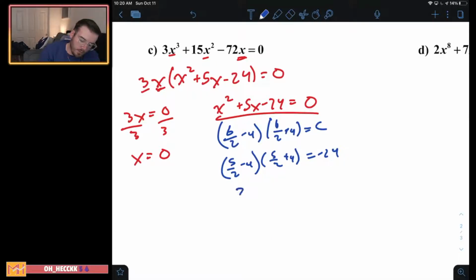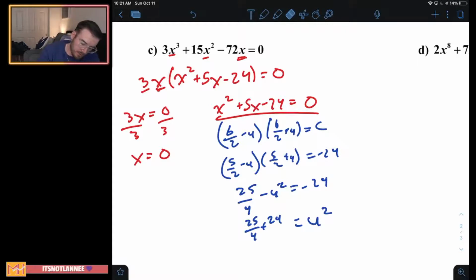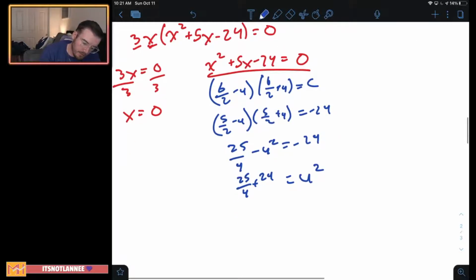So 25 fourths minus u squared equals negative 24. Add the u squared over, add the 24 over. I'm going to turn that into 4 over 4.